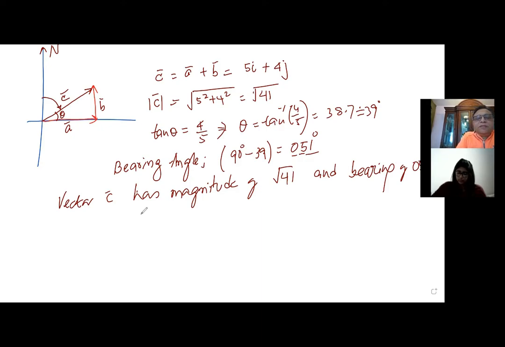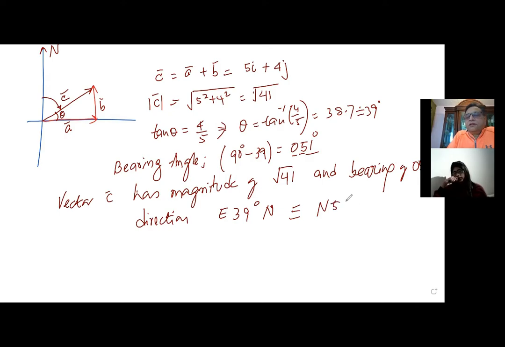Or you could also say that this vector, as far as the direction is concerned, you could also give a direction from east, right? From east you could write 39 degrees north. Is it okay? You could also say from north, which is what the bearing angle was, 51 degrees east. So these are different ways of showing the vector in 2D.